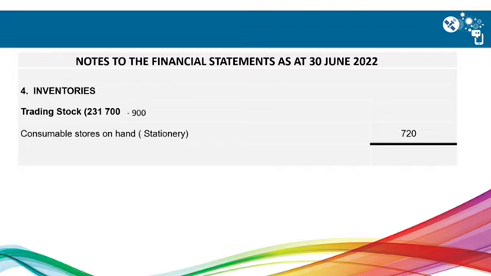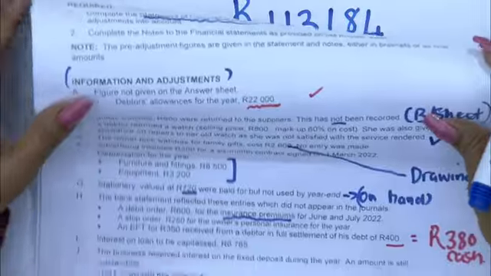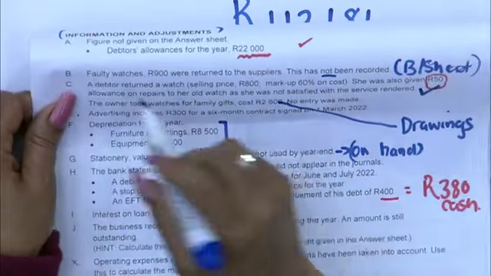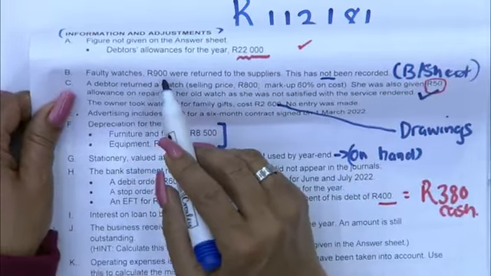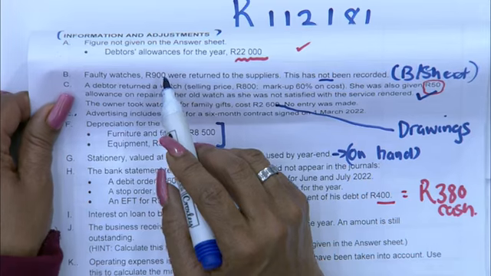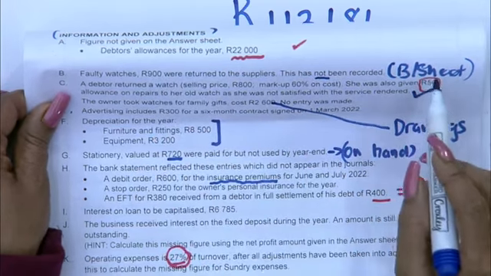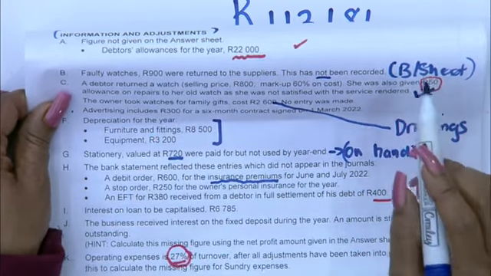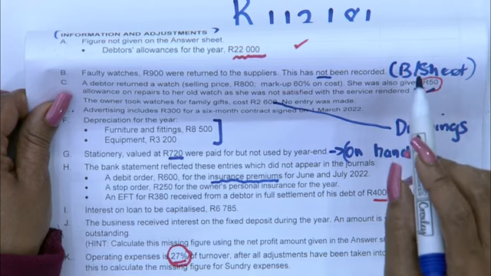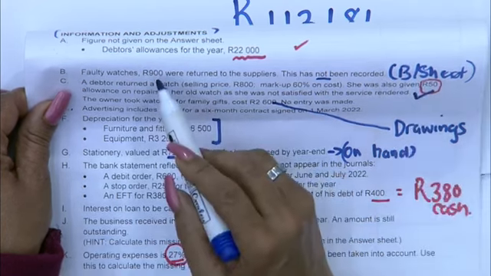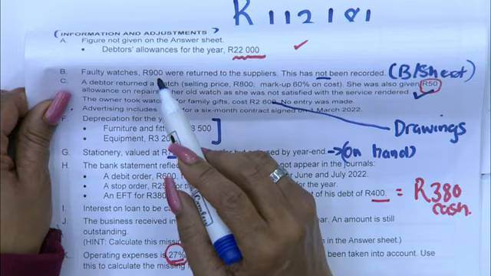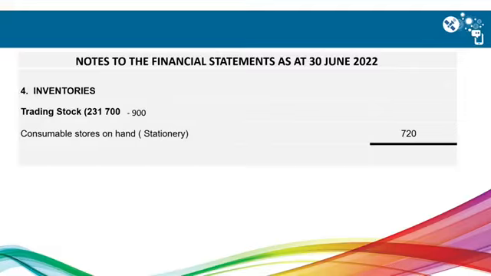The first one will be, do you recall that 900 was returned, as ma'am has indicated for you? The 900 by B was returned. So that 900, ma'am said it will affect, I said balance sheet, but it's actually called the statement of financial position. So this 900 must now be deducted from my trading stock.